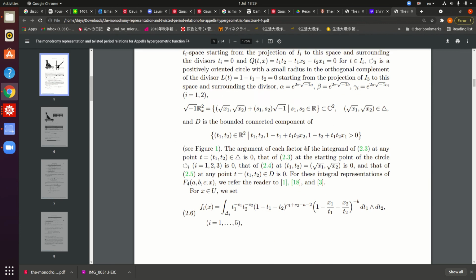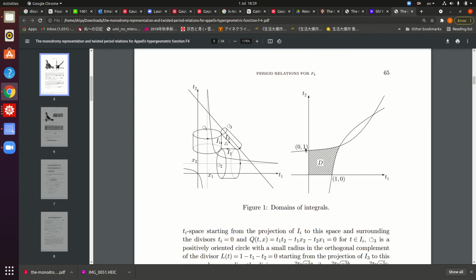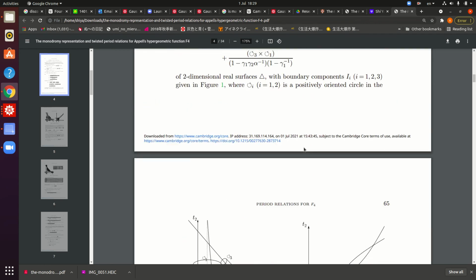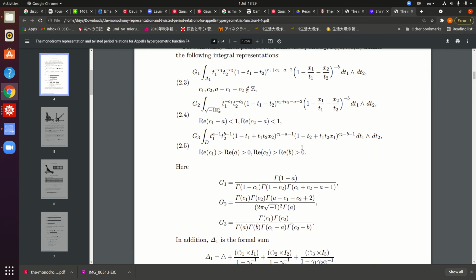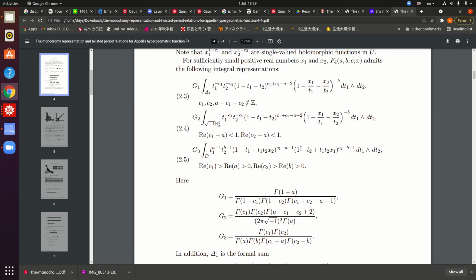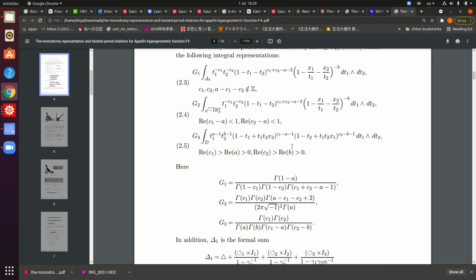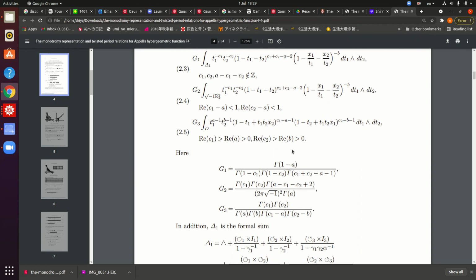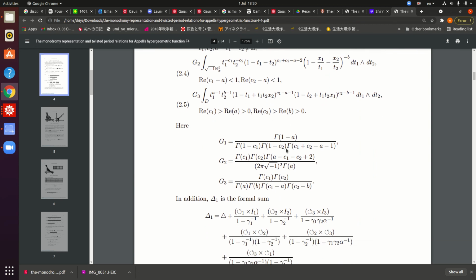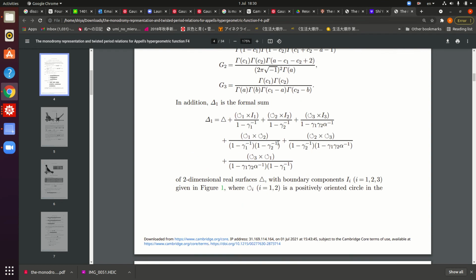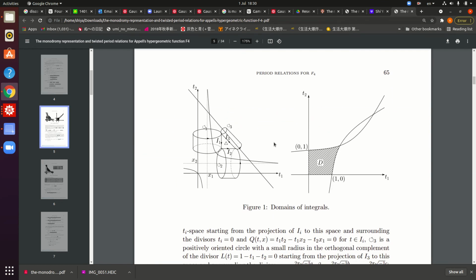It's a very different integral representation. I think it's because it has a completely different integrand. I don't know how they are connected, but it's a very different integrand, so it's not easy to relate. It's both a different integration region and a different integrand. That's a good question.